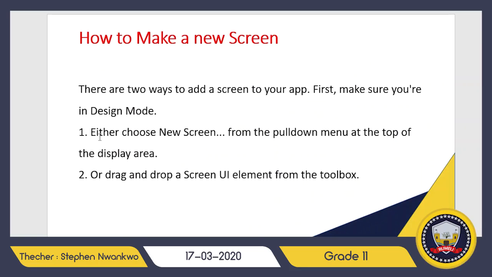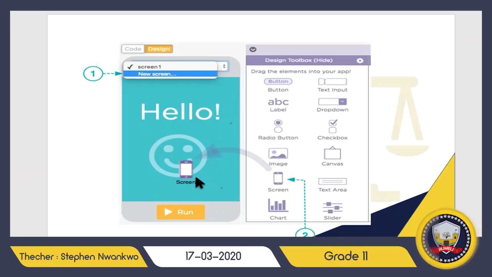Number one, either choose new screen from the pull down menu at the top of the display area. That is, you come over here, you click this pull down menu, this arrow you see here, and when you click it, you can select new screen, and thereby you can make your new screen.